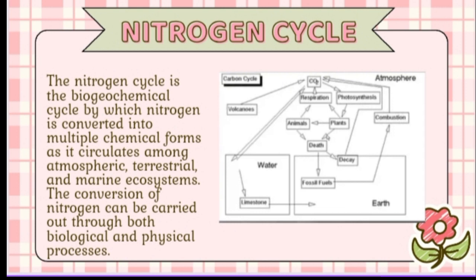However, it is biochemically fixed in the soil by specialized microorganisms. Members of the bean family and some other kinds of plants form a mutualistic symbiotic relationship with nitrogen-fixing bacteria.